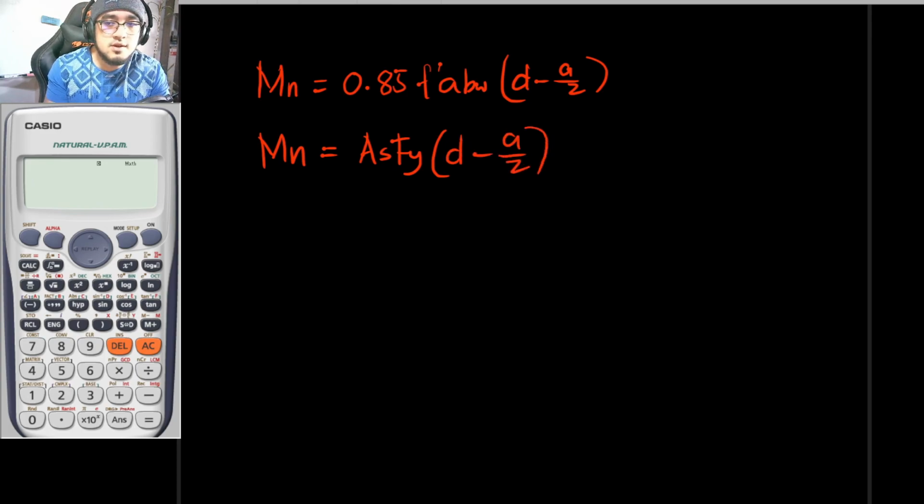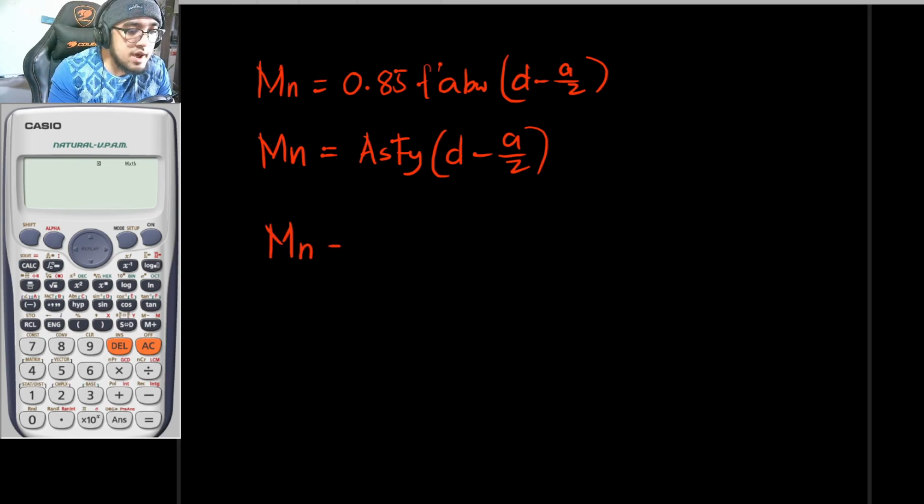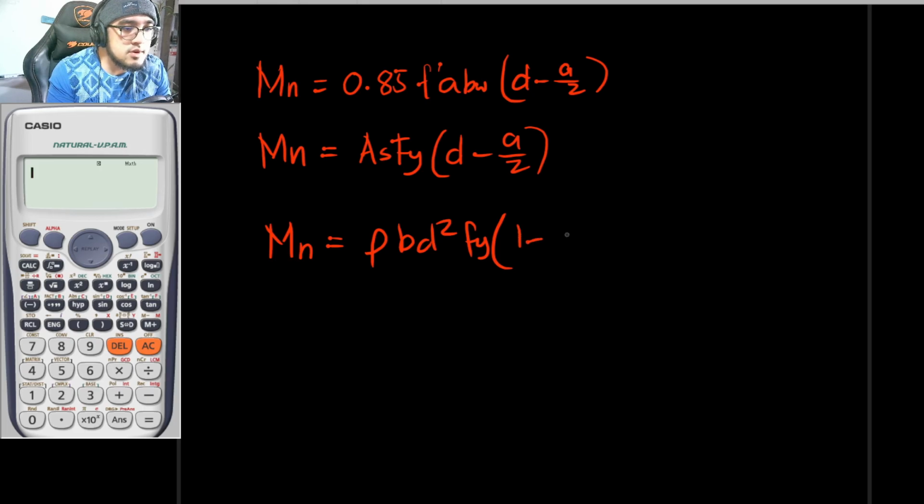So once again, this is already predetermined. I have already derived this earlier. So another shortcut, Mn can be solved by using the equation rho b d squared fy times (1 minus 0.59 rho fy over fc').